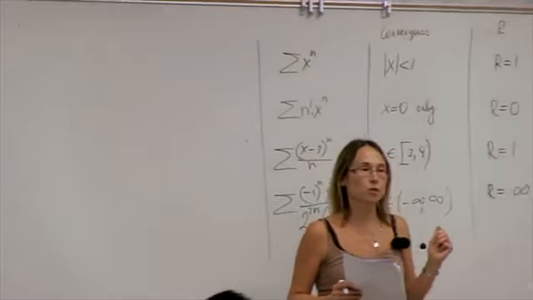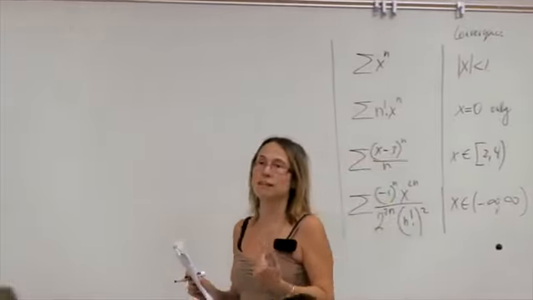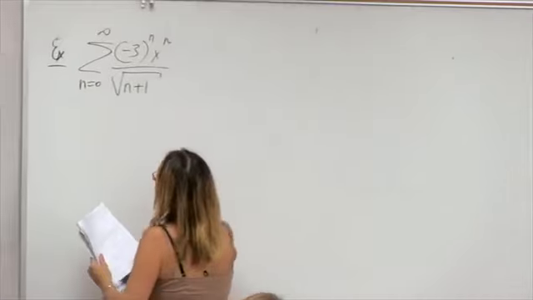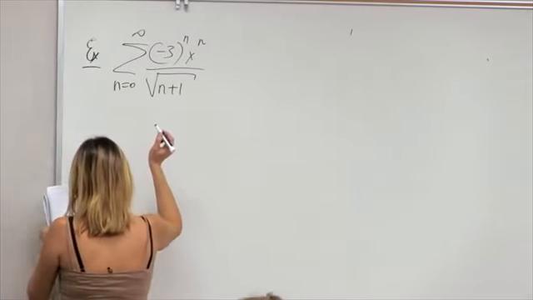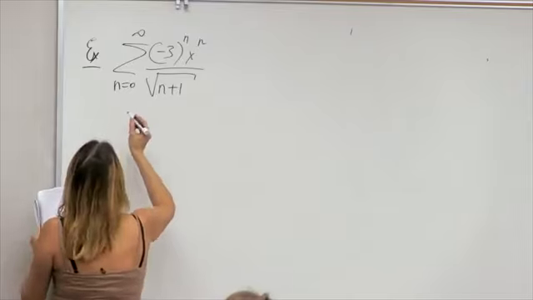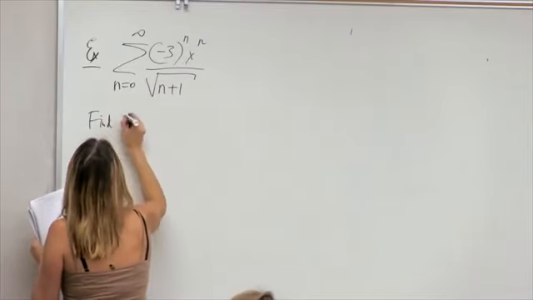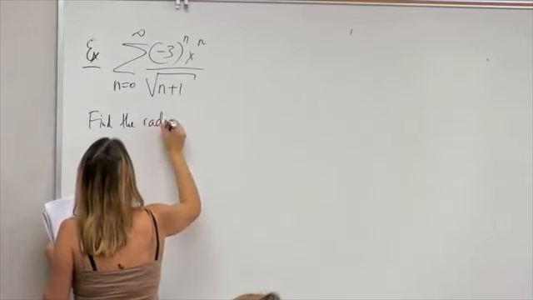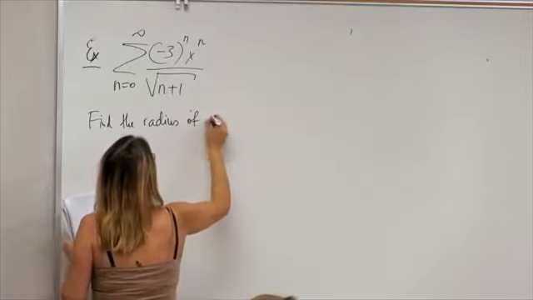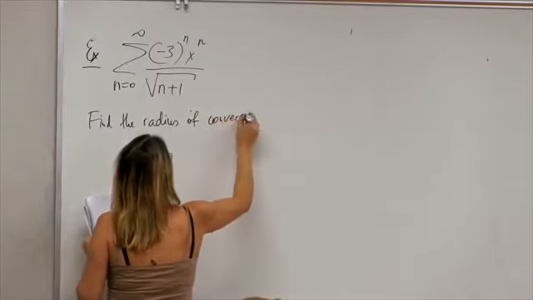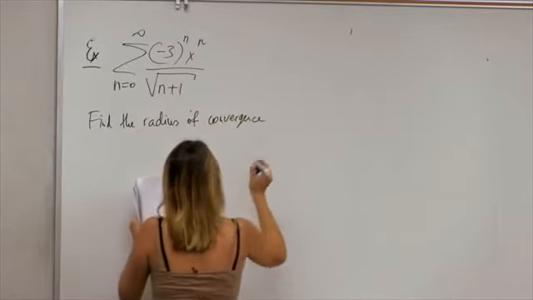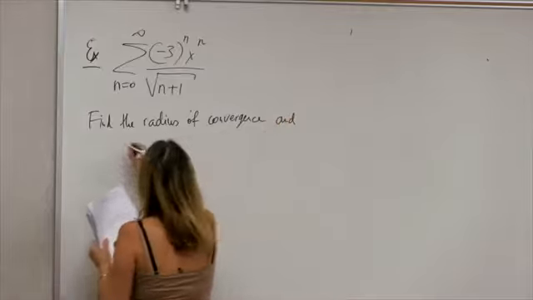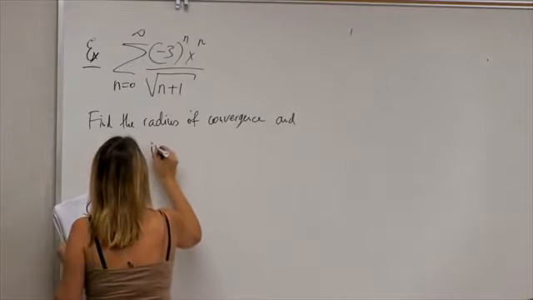We're going to find the radius of convergence and the set for which the series converges. So the question is: find the radius of convergence and the interval of convergence.